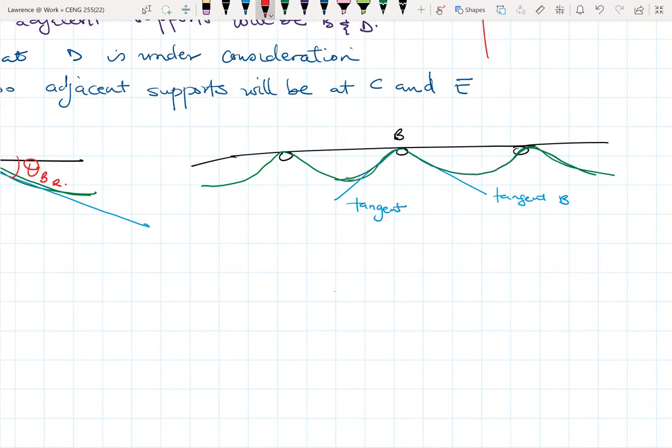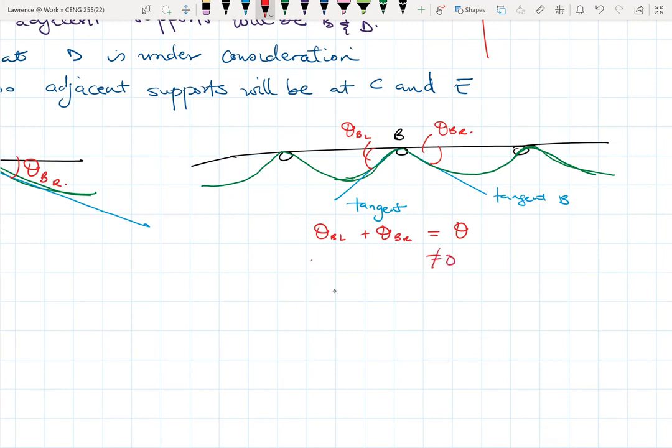Now we have a slope here, theta B left, and another slope here, theta B right. Typically, when you sum these two slopes, theta BL plus theta BR, they give you a certain theta. It's not equal to zero.